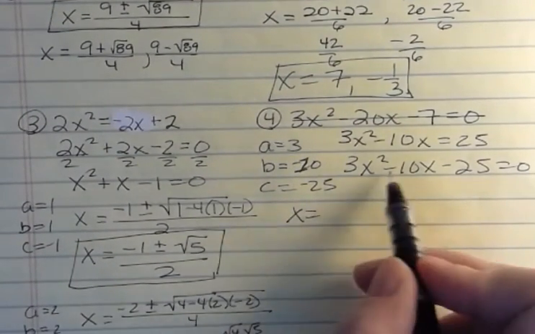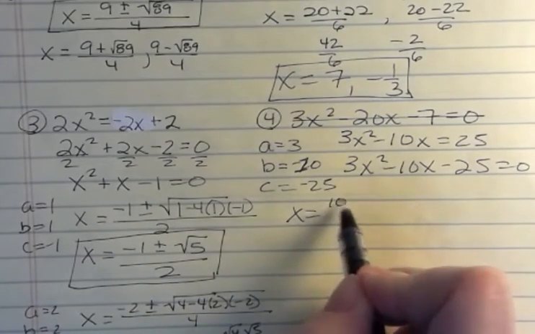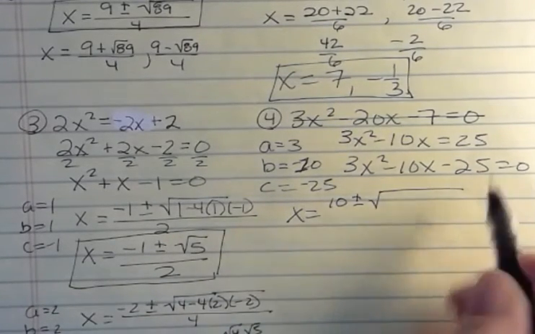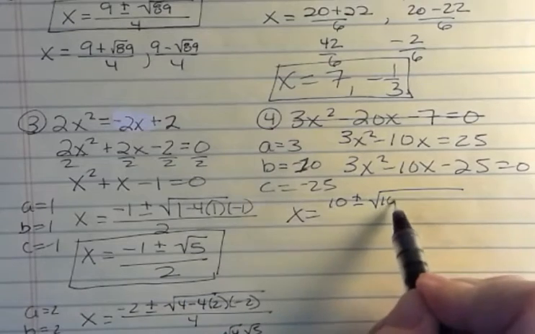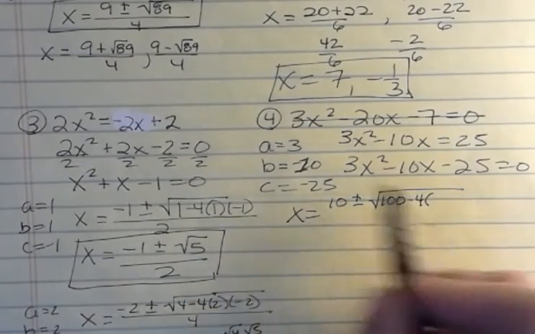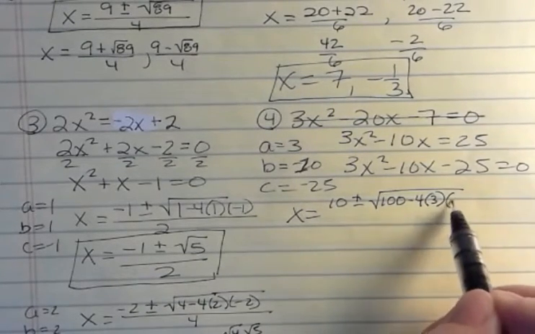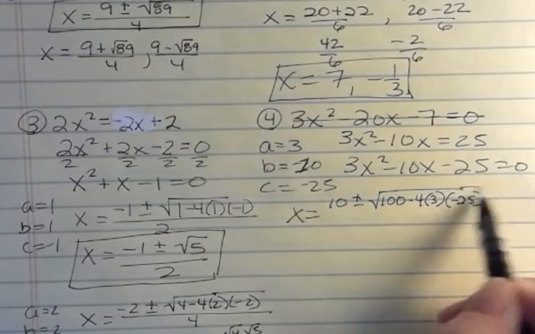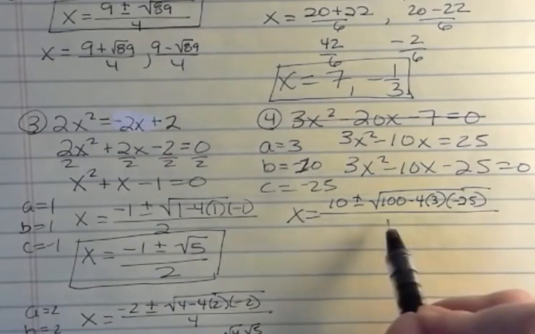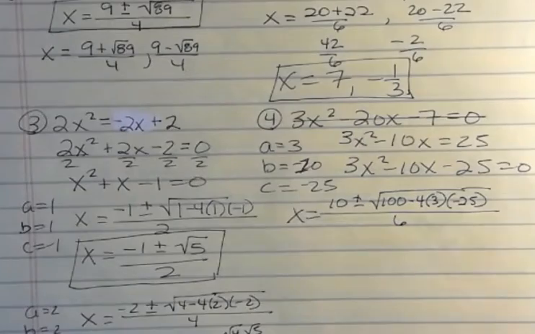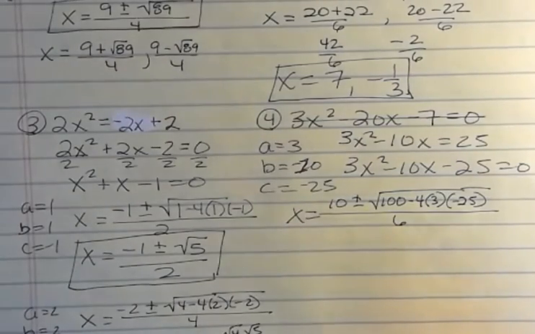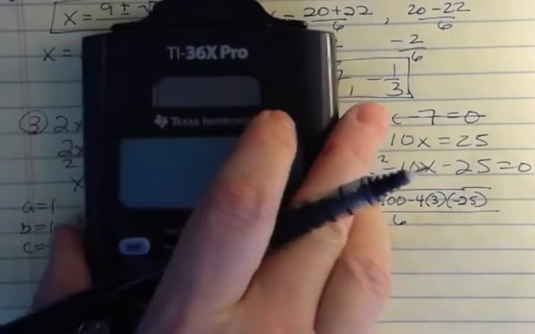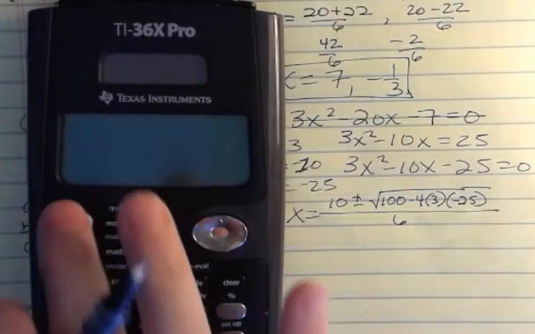Now I have x equals negative b, that's going to be positive 10, plus or minus the square root of b squared, which is 100, minus 4 times a times c, all over 2 times a, which is 6. Okay. I could go through the motions of simplifying that, or I could let my calculator do that for me.